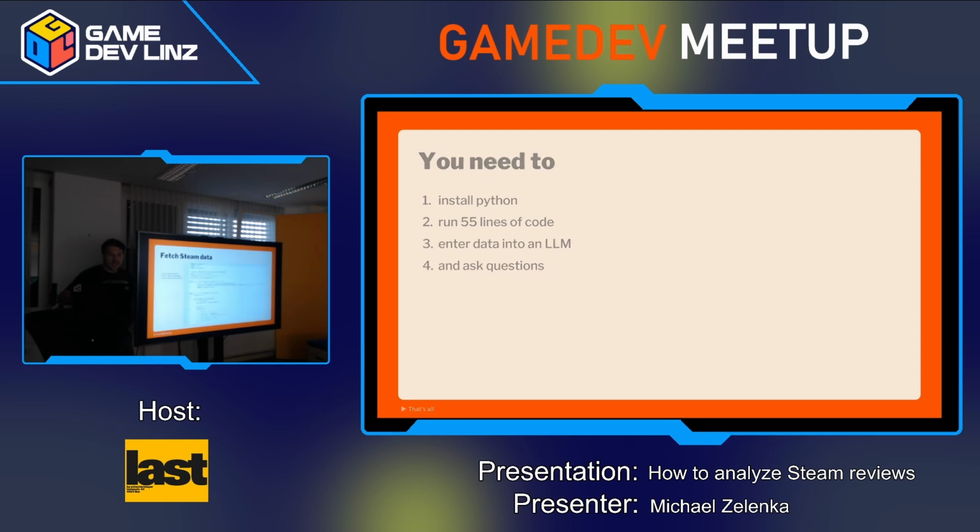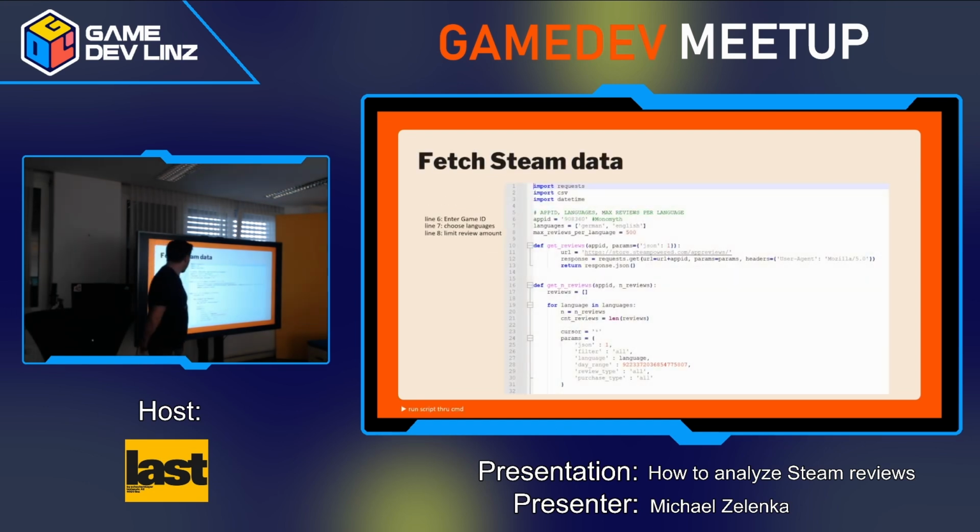That's all. For fetching the data, you just need the ID from the game you want to analyze, especially if you're creating a game which has similar games on Steam, then you can get the game ID. It's in the URL. And for instance this is Monomorph.